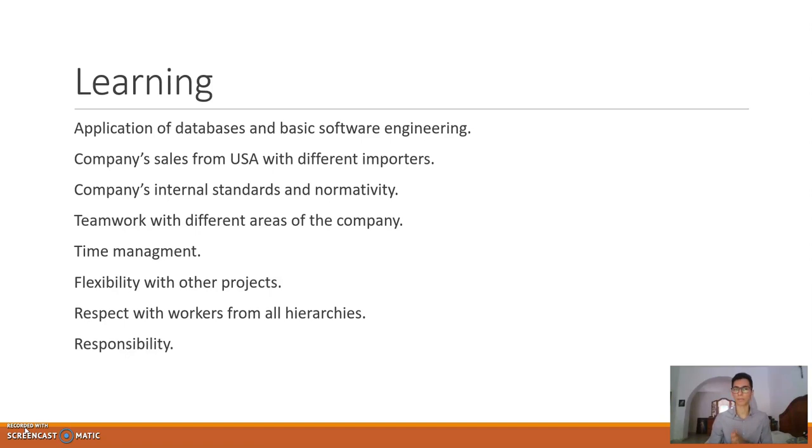I learned a lot about teamwork with different areas, like for example with human resources, administration, and so on. Also learned how to manage my time in a more efficient way. My flexibility with other projects was hugely improved. And finally, the respect and responsibility with other workers from all hierarchies.